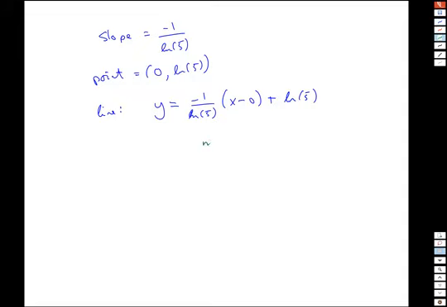This is m, x minus x naught plus y naught, or f prime of a, x minus a plus f of a. These are all different ways to say exactly the same thing, the way to construct a line based on a slope and a point. And then you can tidy up a little bit with the minus 0 not really playing a role.